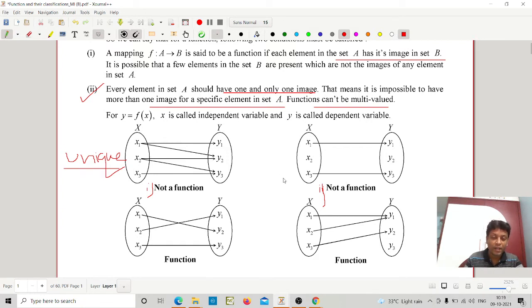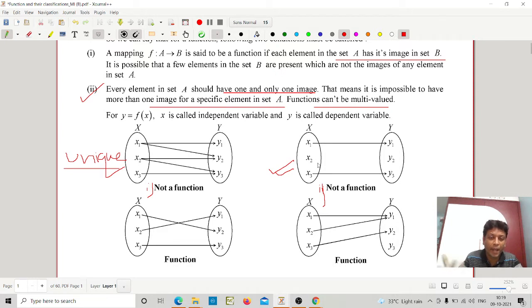Example number two, this picture. x1 has an image y1, x3 has an image y3, but x2 is not related to any element. So this is violating the word each element. x2 has no image, so it is not a function. That is not possible in function.